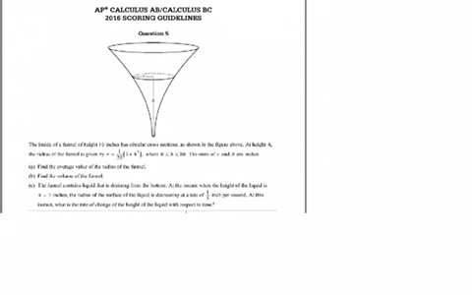Okay, so this is a related rates question, and we're going to need this equation here. R is equal to 1/20 of 3 plus h squared.